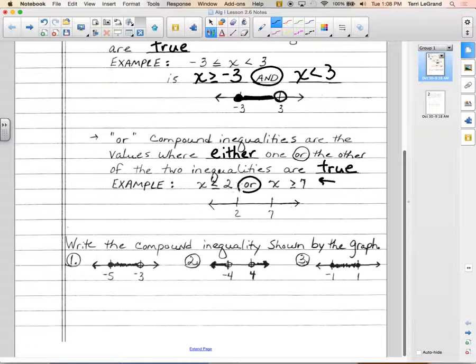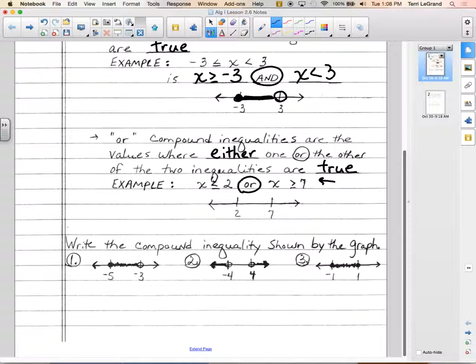Now we use the word or between, we don't write it all together with just one x in it. We have to have it separated into two simple inequalities when we have the or situation, okay? So keep that in mind, you will always use the word or, not just one x in the middle like we did up here for the and one.